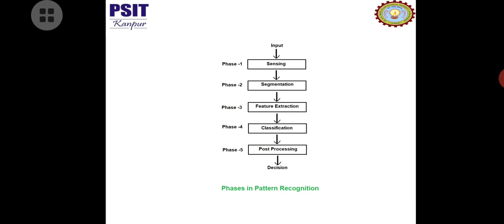Phase number 4 is classification, that means now you will categorize your sensed objects. Phase number 5 is all about post processing. After these phases, from phase 1 to phase 5, the final output will be your decision, right? So it's a sequence from phase 1 to phase 5. Input is given to phase number 1, and after phase number 5, the decision will be generated.